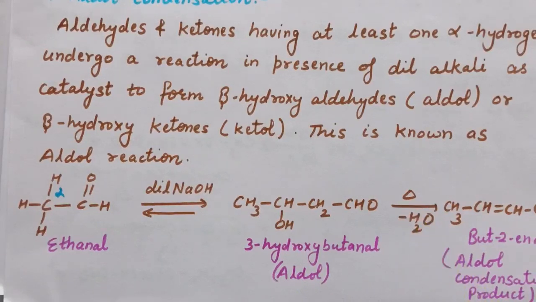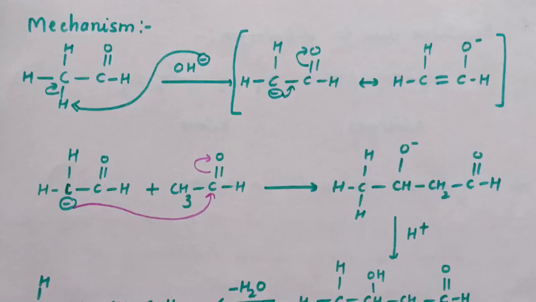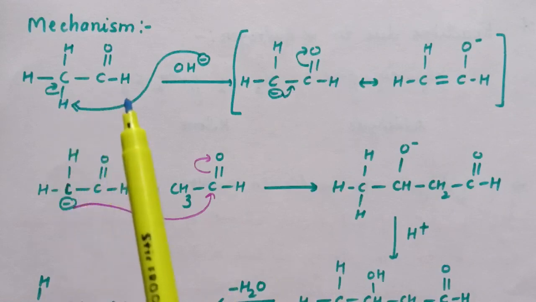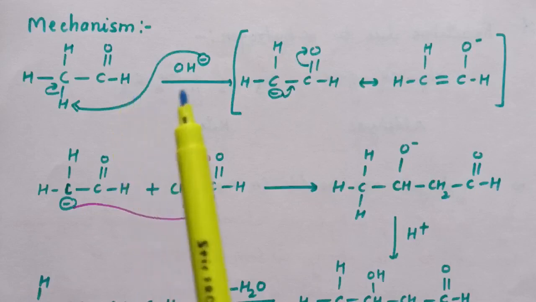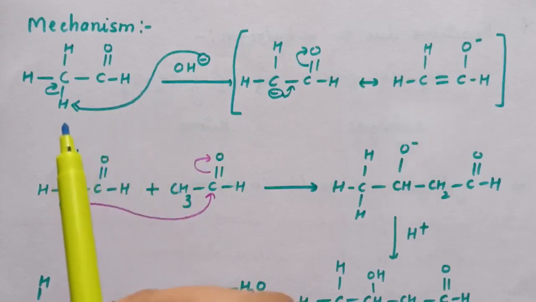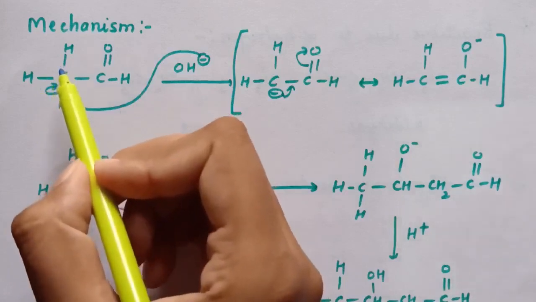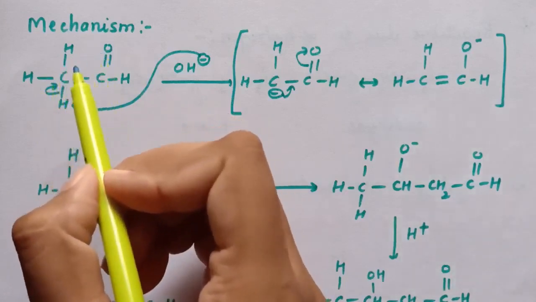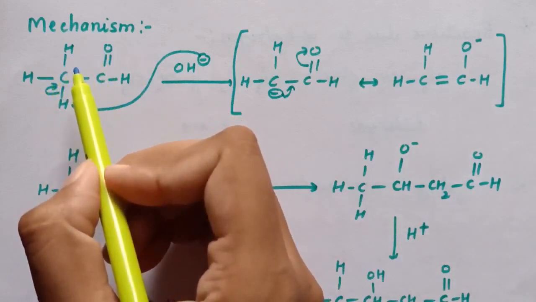So here is the mechanism of this reaction. Let us understand with the help of one example the mechanism of aldol condensation reaction. Here ethanol undergoes aldol condensation reaction and results in the formation of aldol condensation product. So the condition for aldol condensation is the aldehyde or ketone is having at least 1 alpha hydrogen.